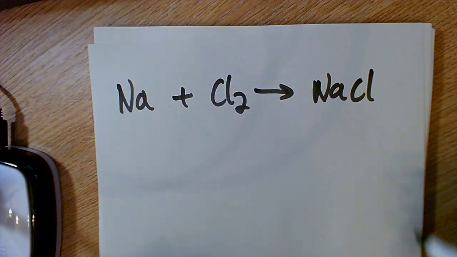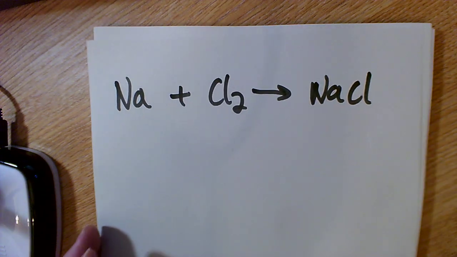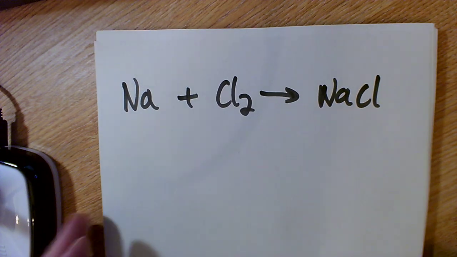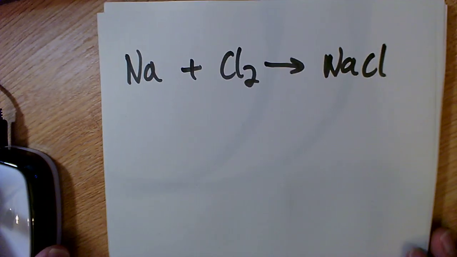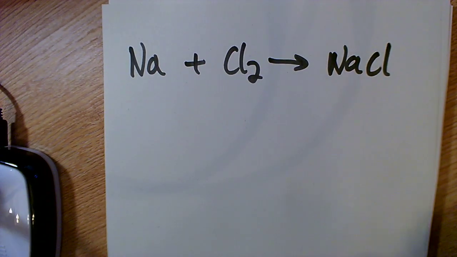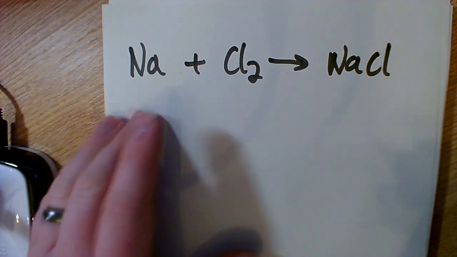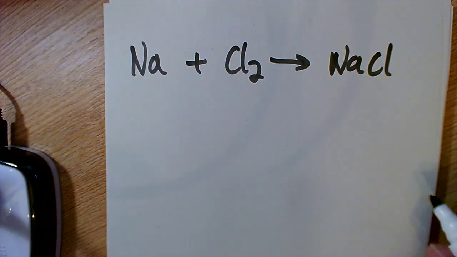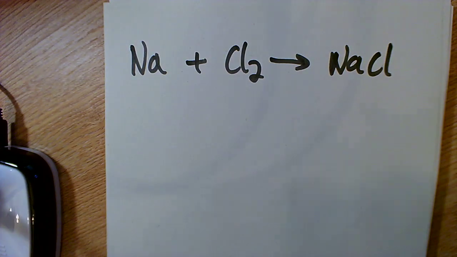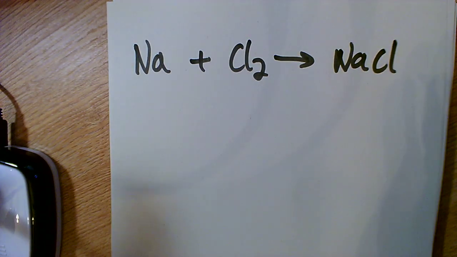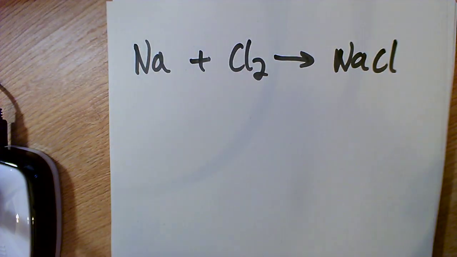So I'm going to show you now a method in which you can achieve this. One way to balance a chemical equation is to try and visualize all of the reactants and the products inside their own little box. So here's how you go around it.